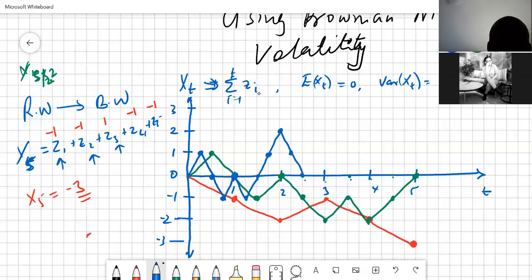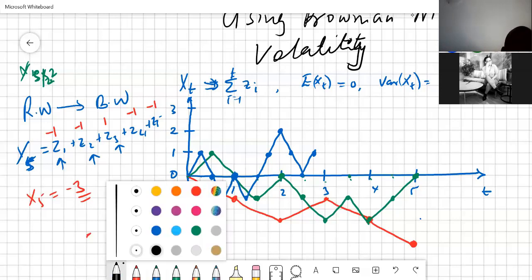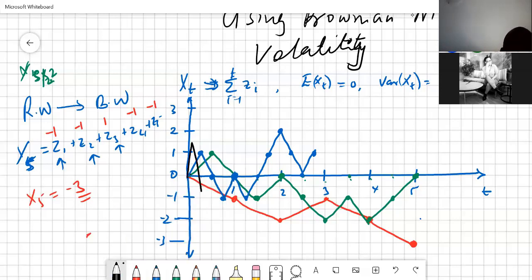So you can see the blue one has got so many jagginess compared to the green. The green one has got more jagginess compared to red, isn't it? So the more you reduce the time interval, the more you are likely to get more jagginess, kind of a curve.